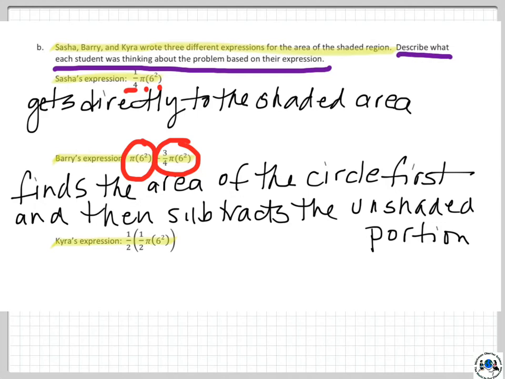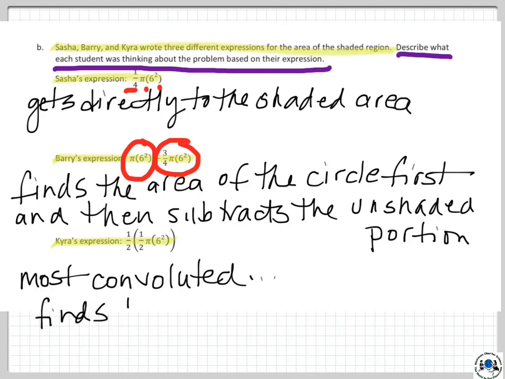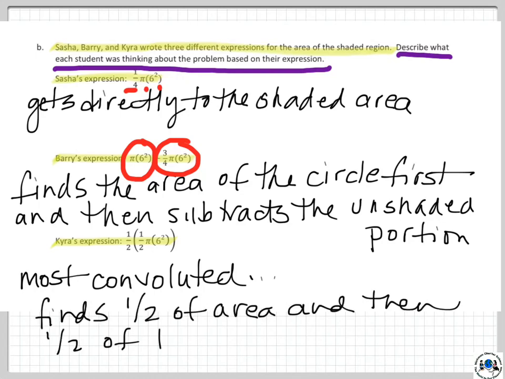And finally, Kira. Kira's was the strangest to me. I didn't really understand what she was doing or why, but I thought it was probably the most convoluted process. Convoluted means kind of misguided, a little too confused. What she did is find half of the area and then half of the half, which is the 4th. So she finds half right here.